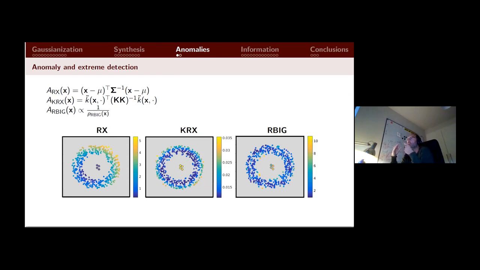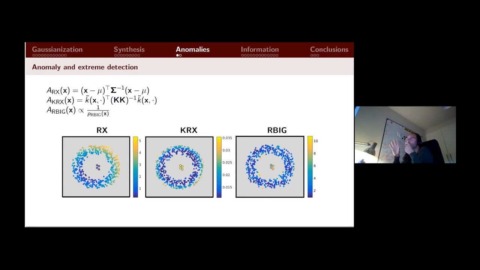On the other hand, in the middle, you see the resolution of the anomalies detected by the kernel RX, a nonlinear version of the standard RX. And it is better than RX, but some false detections emerge in the outer circle, especially on the bottom left. On the bottom right.